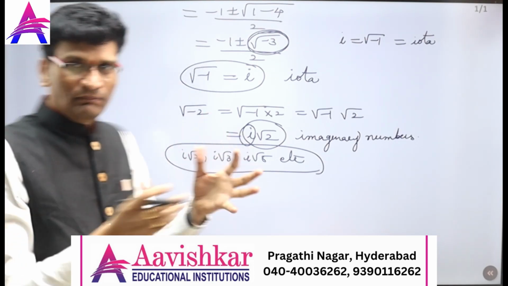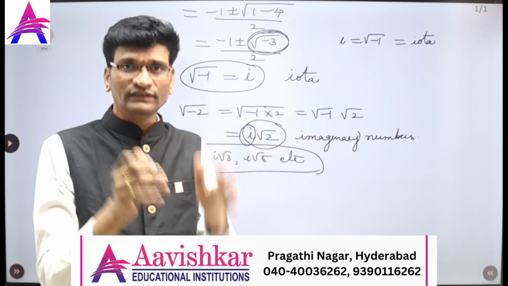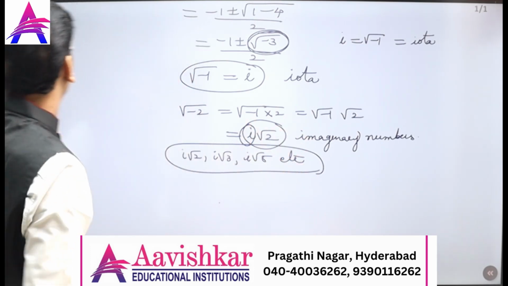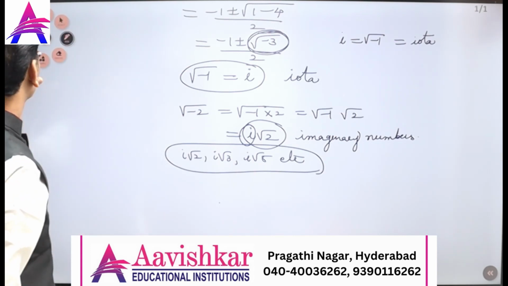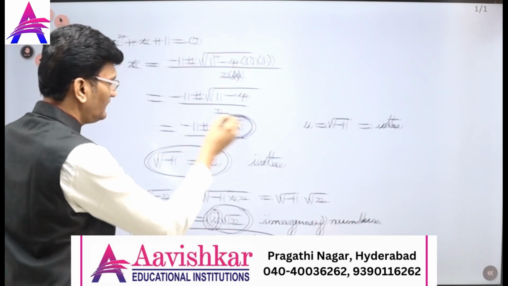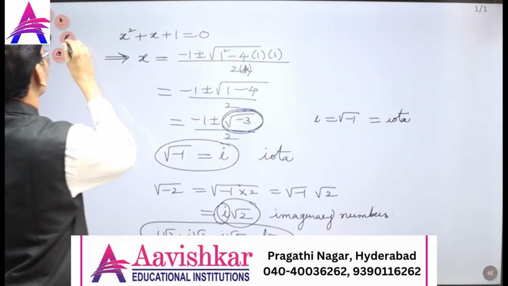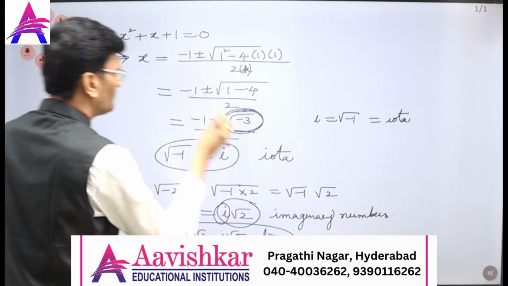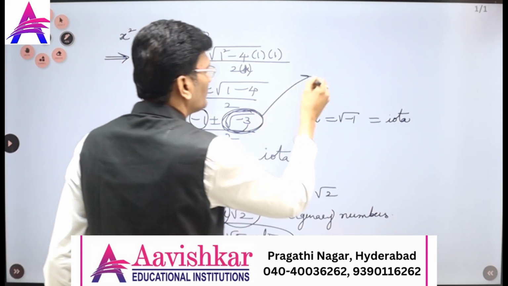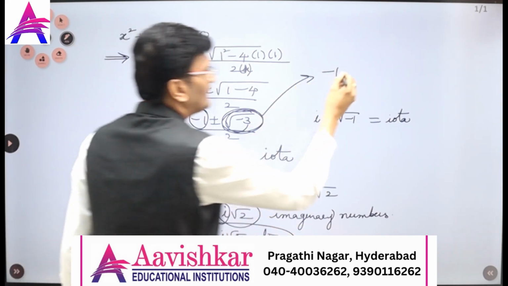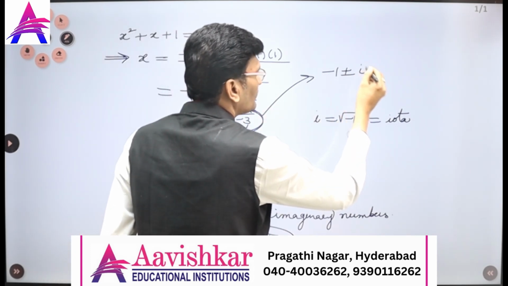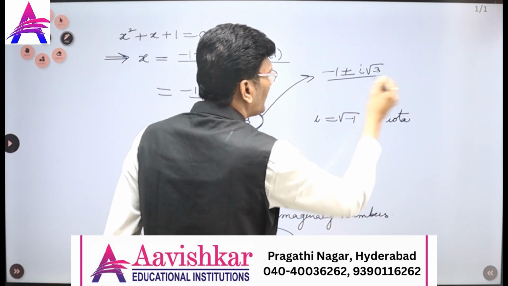Now, sometimes we are going to see a combination of imaginary and real numbers. Let me show you here. In the previous problem, observe, this number has both. Here it is real and here it is imaginary. It can be written as minus 1 plus or minus i root 3, by 2.